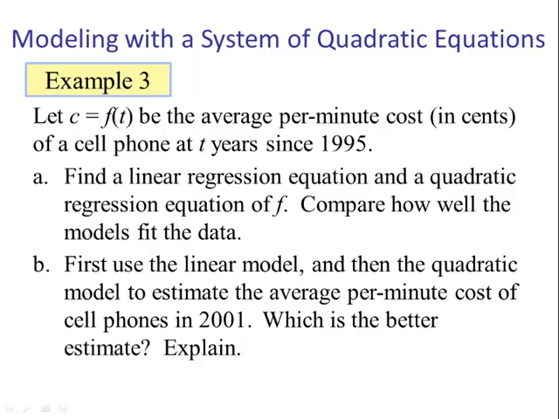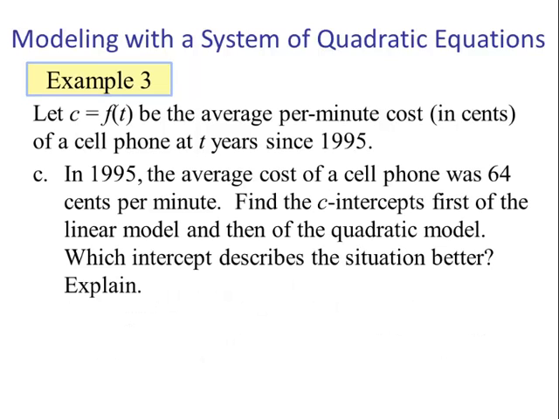B. First use the linear model and then the quadratic model to estimate the average per minute cost of cell phones in 2001. Which is the better estimate? Explain. C. In 1995, the average cost of a cell phone was 64 cents per minute.